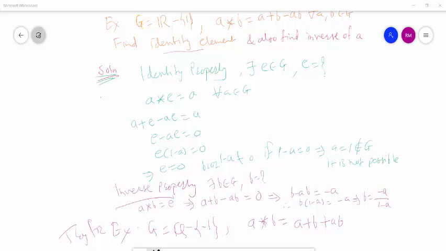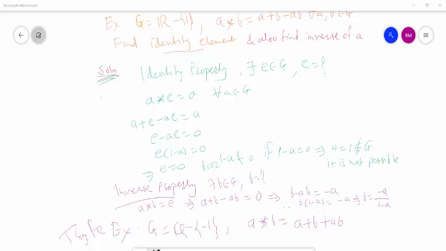So first we focus on the identity element. How do we calculate E, which is normally the identity element? With the help of this equation: A star E equals A for all A belonging to G. By the definition of A star B, we get A plus E minus AE on the left hand side, and A on the right hand side.